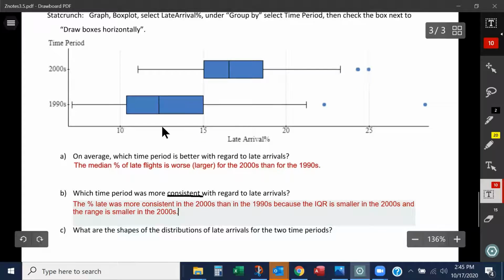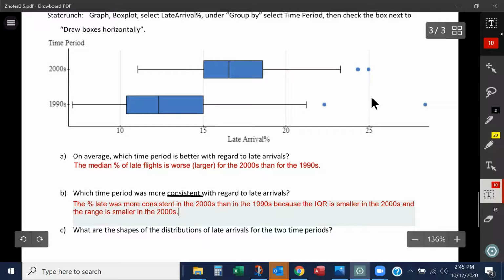Similarly, the 90s have that same pattern. The median is a little bit left of center, so that indicates it's right skewed inside the middle half of the data. And the range, if I go up to here, the maximum value is about 29, and the minimum is around 6%.